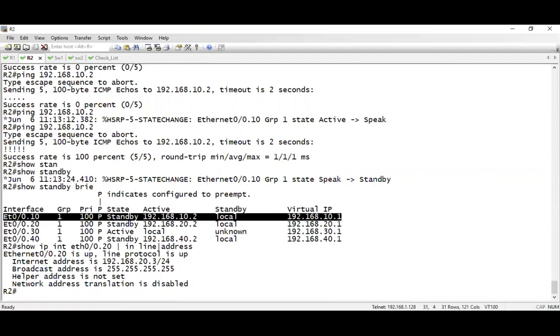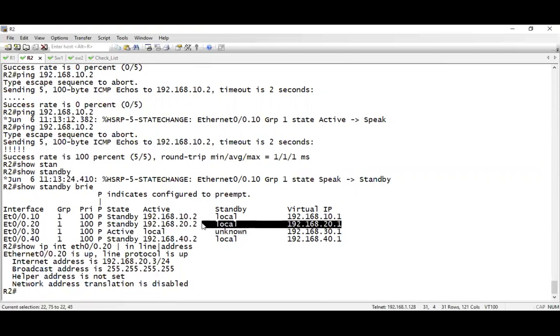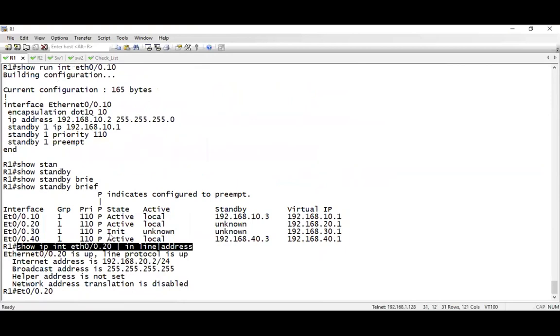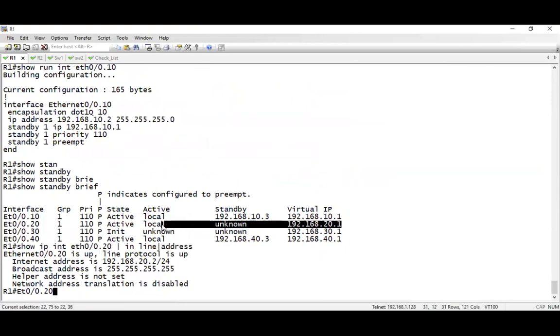Line protocol is up. One interesting thing for Ethernet 0/0.20: on R2, R2 is saying I am the standby, and R1, which has IP address 192.168.20.2, is the active router for this particular group. But at the same time, R1 is saying I am the active router for this group and I don't know who is standby.